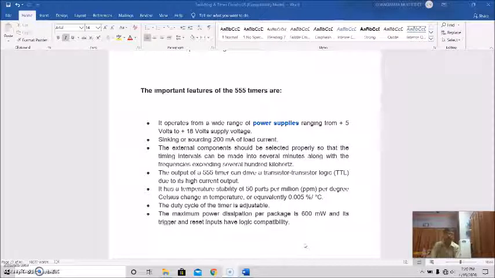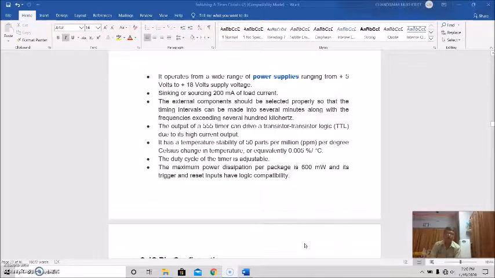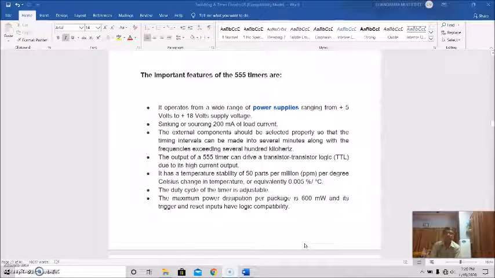The duty cycle of the timer is adjustable, and the maximum power dissipation per package is 600 milliwatt, and its trigger and reset inputs have logic compatibility. So with this, the important features of the 555 timer.